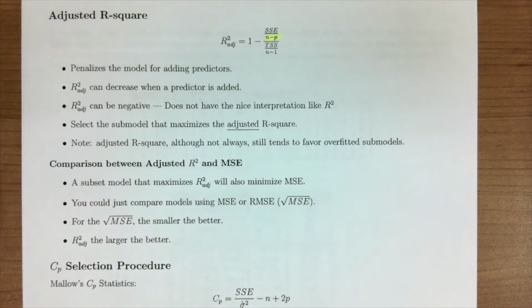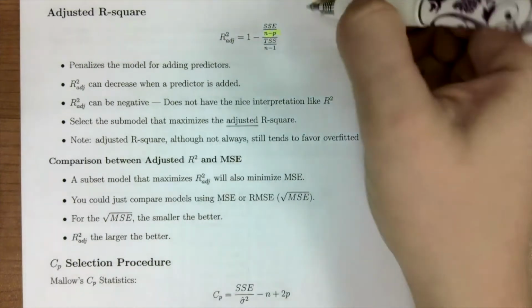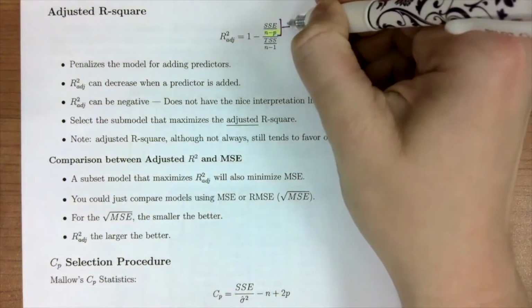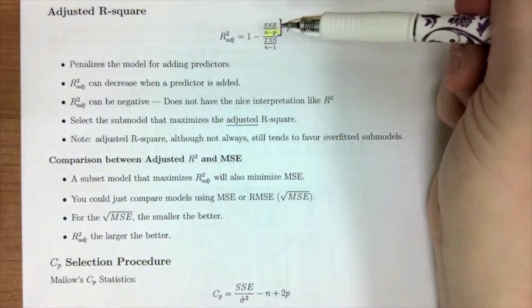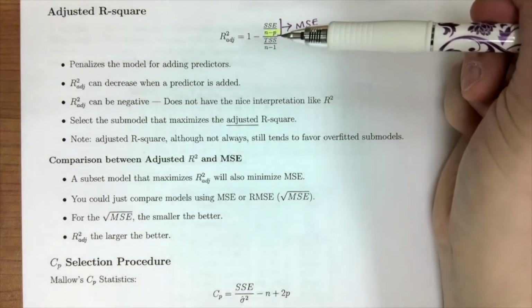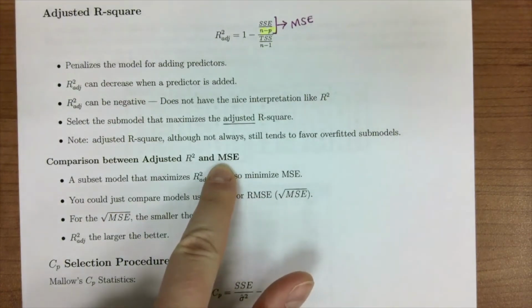There is one thing I want to mention about the adjusted R squared and how it relates to the MSE. Hopefully you guys could recognize that this term right here is our MSE of the model. It's the sums of squares error divided by the degrees of freedom of the error. And so hopefully you guys can at least see, hey, there should be some relationship between these two. And maybe in some of y'all's research fields, it might be more common to work and compare with the MSE.